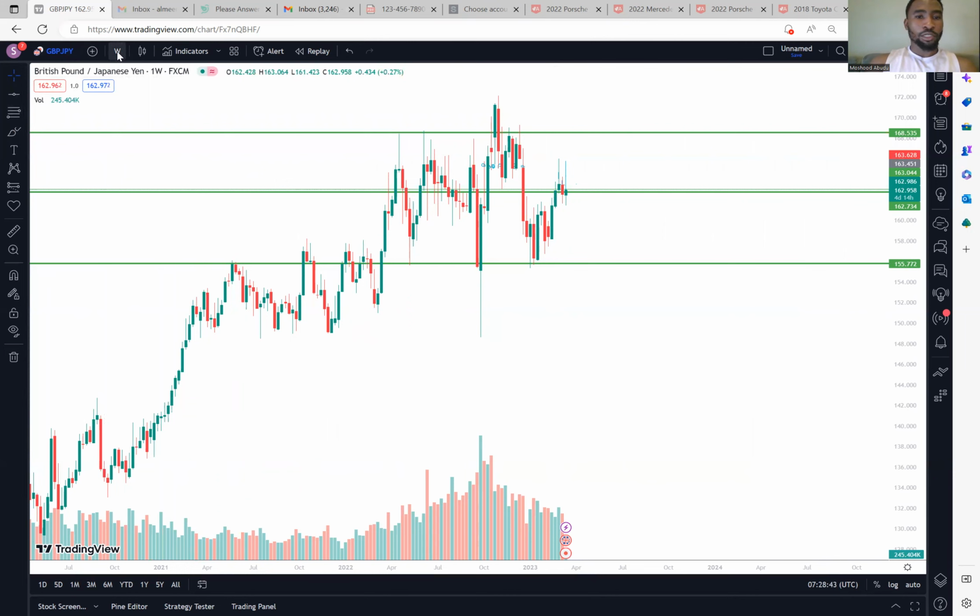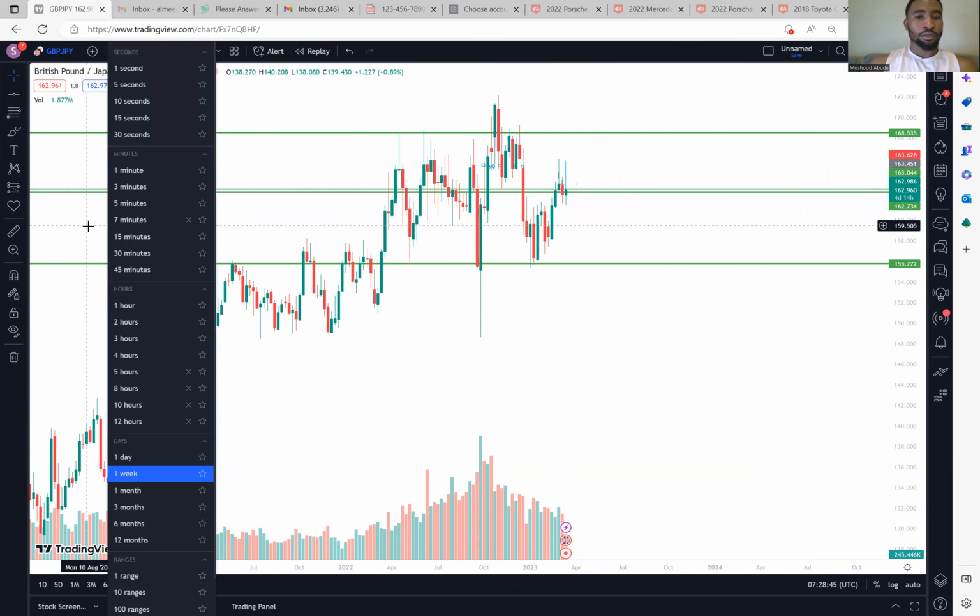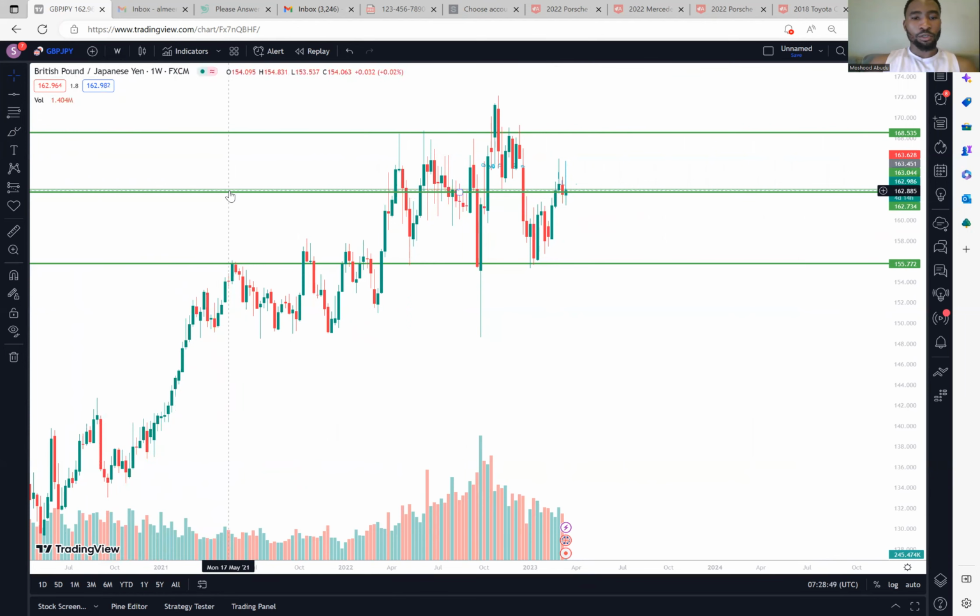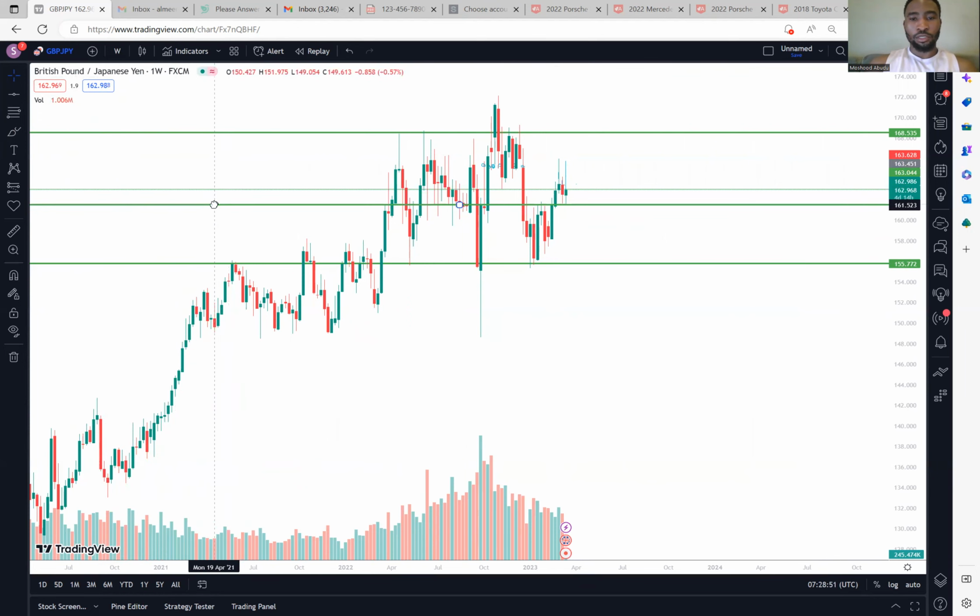Then let me go to the daily time frame. Sorry, before that, let me just move this to here. This one is still after this move. If we can break this, more like an M pattern that I'm seeing here, we are coming to retest this one here.